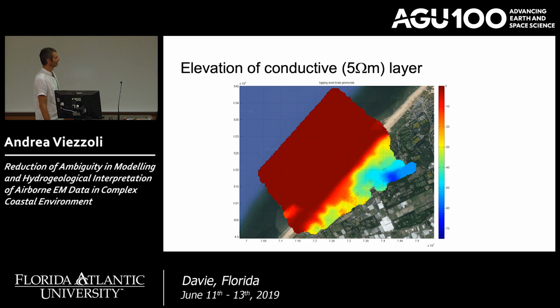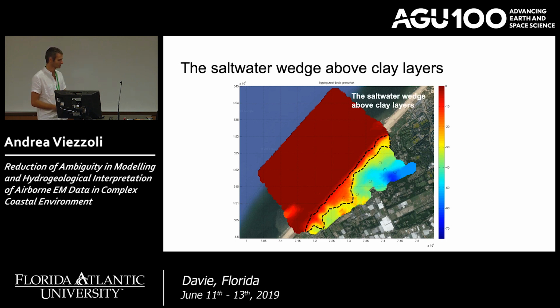And the conclusion is the same. There are places where we can be sure that there is something conductive above the clay. There are places where we just don't have sensitivity. It doesn't mean that it's not there, but we can't be sure that it's there. But there are places where we really are sure that it is there.